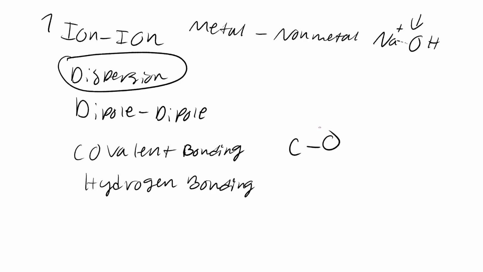Covalent bonding is what you're known to, like carbon with an oxygen that goes over there. That is secondary, or I should say tertiary, because ionic bonding is pretty good. Hydrogen bonding is the second best, this is third, this is fourth, this is like the worst one. Hydrogen bonding only occurs with nitrogen, oxygen, and fluorine.